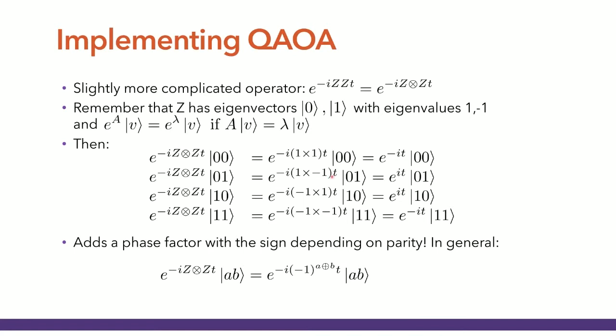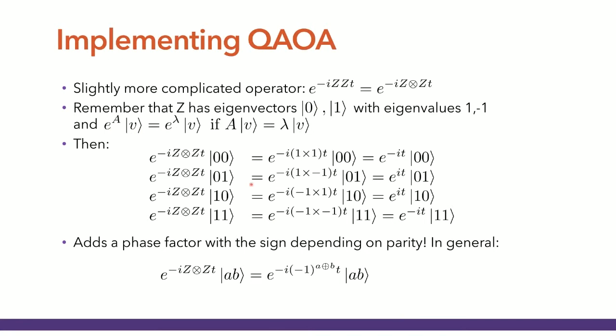To see the action, recall that Z has eigenvectors 0, 1 with eigenvalues +1 and -1, and recall from your linear algebra class that the exponent of matrix A acting on eigenvector V is equal to the exponent of the corresponding eigenvalue.